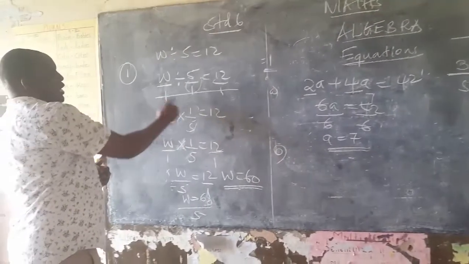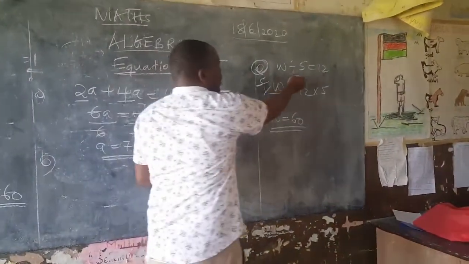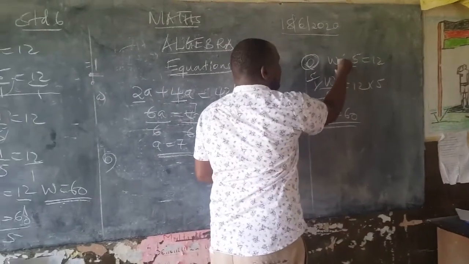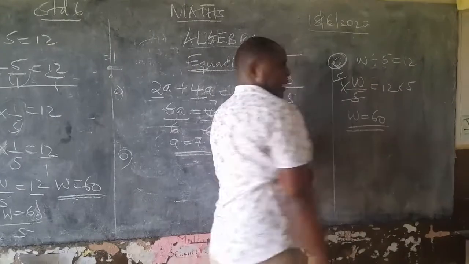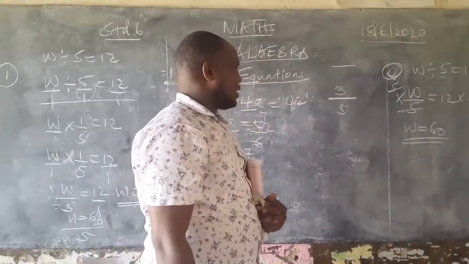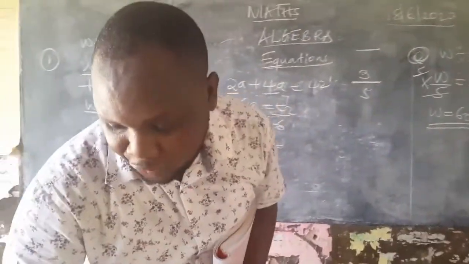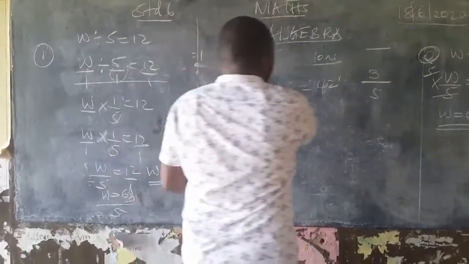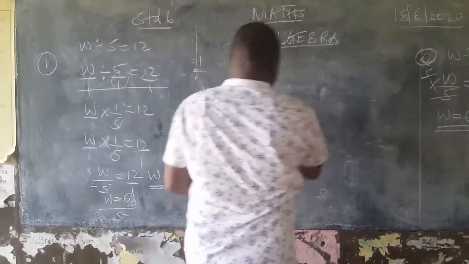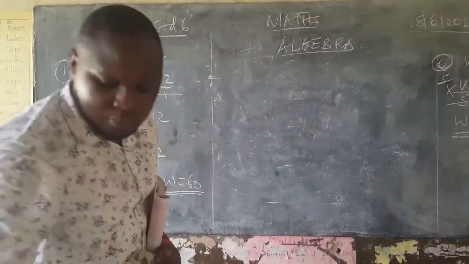Either you use the LCM way, or you move again and without looking for the reciprocal, you just write this as W over 5 and then you multiply both sides by the LCM, which is 5, and get your answer. Let me do a final one of that nature so that I can give you at least a few questions that you'll be able to try.